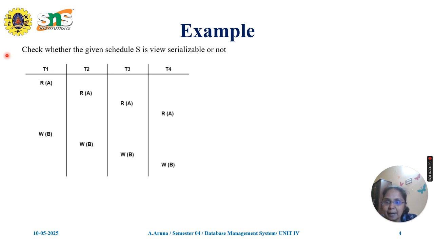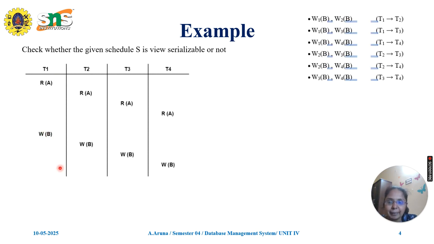Consider this particular example. It has 4 transactions: T1, T2, T3 and T4. T1 has R of A, R of A, R of A, and similarly it depends upon the data item A. This will depend upon the data item B. Now we check the dependency.